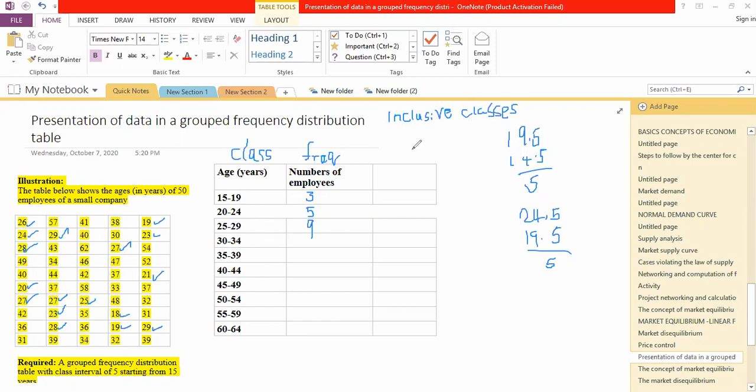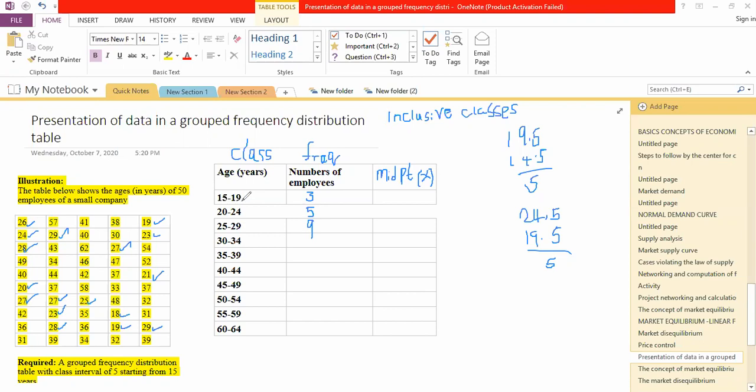For you to now come up with a mean, you require these classes so that you are able to construct a column known as the midpoint. To get the mean, you first of all construct a column known as the midpoint, which I'm calling X.